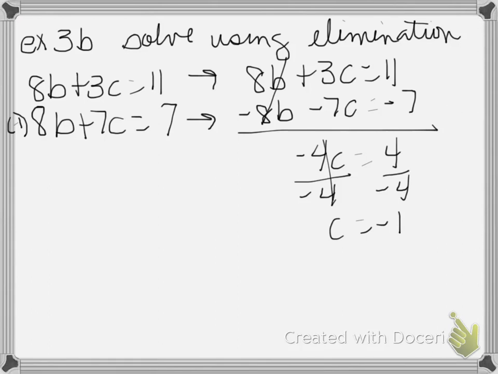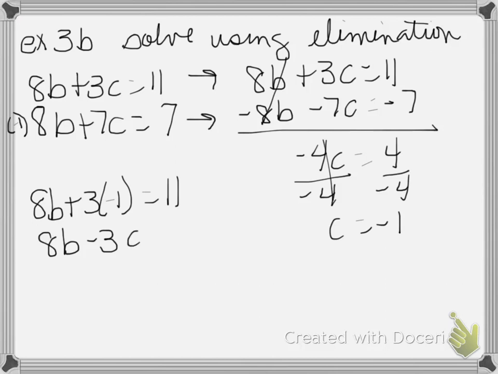Now I'm going to plug in negative 1 in one of the original equations. I'm going to plug it in the first one, so that's 8b plus 3 times c, which is negative 1. Add 3 to both sides.